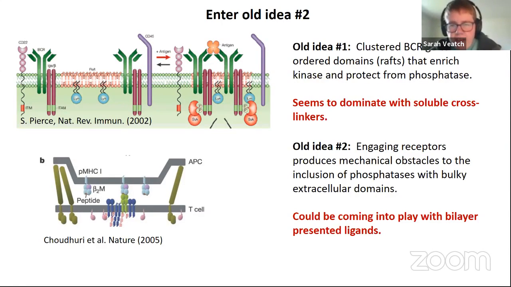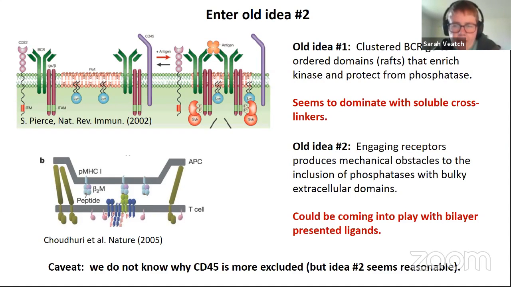And probably what's going on in the surface-presented case is that we have something like old idea number two, where these phosphatases are occluded for some other reason. One reason could be this kinetic segregation model, that by being close to the opposing surface, some of these bulky phosphatases can't fit anymore, and so they also feel another repulsion.